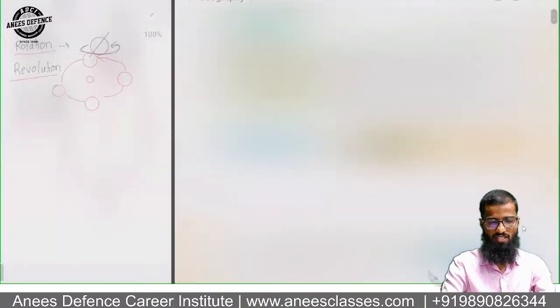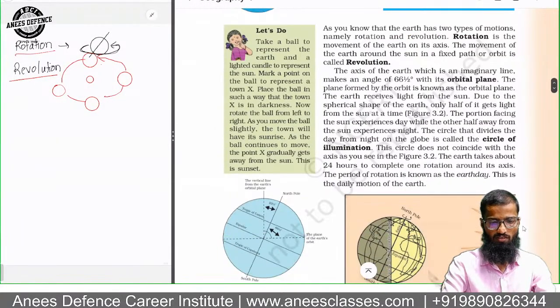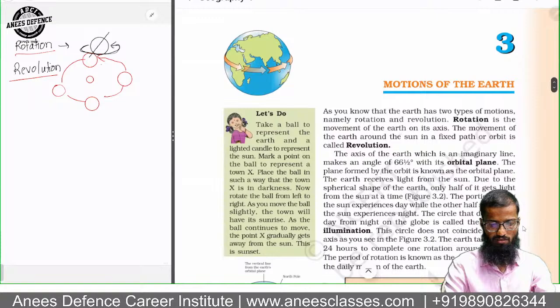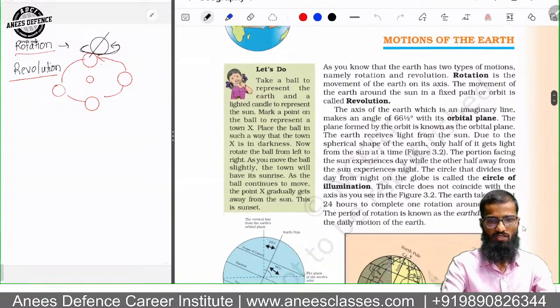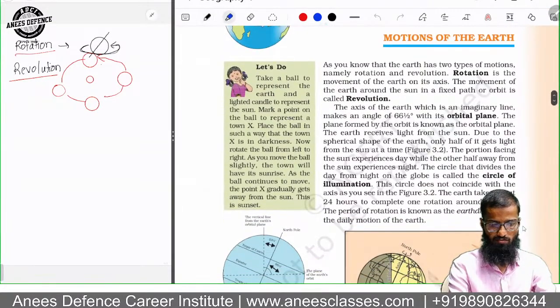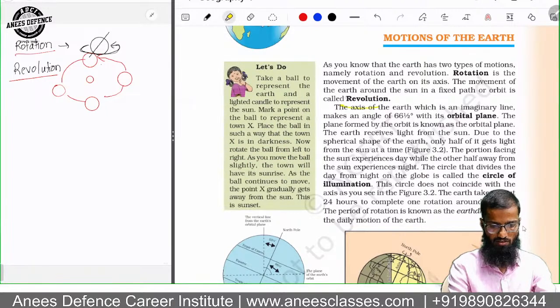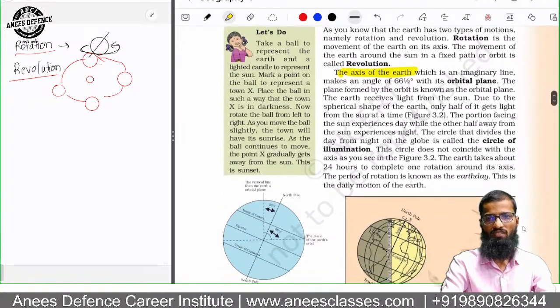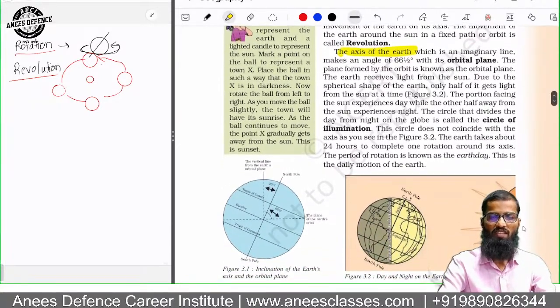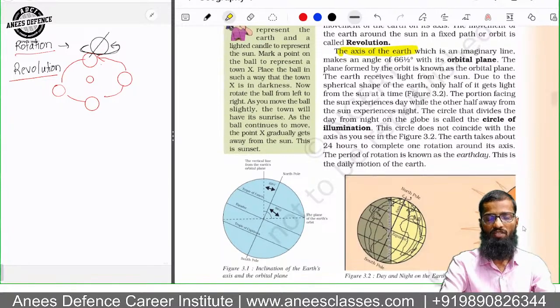So let us move to the next line. Now, if you could see, the axis of earth, which is an imaginary line, makes an angle of 66.5 degrees with the orbital plane.